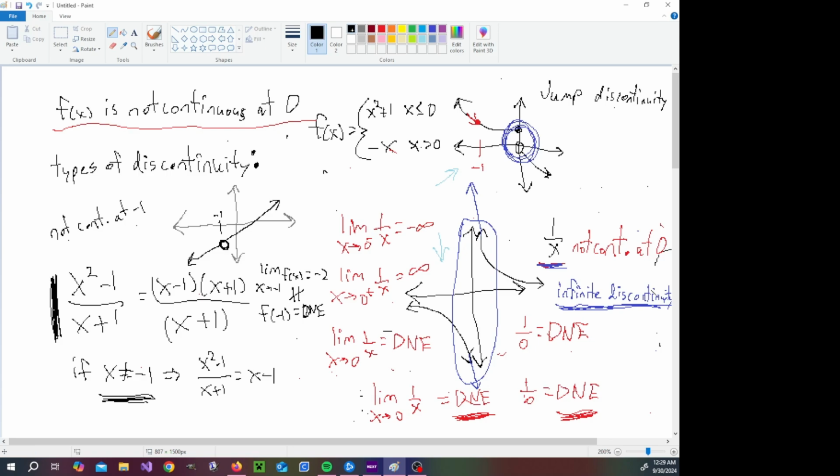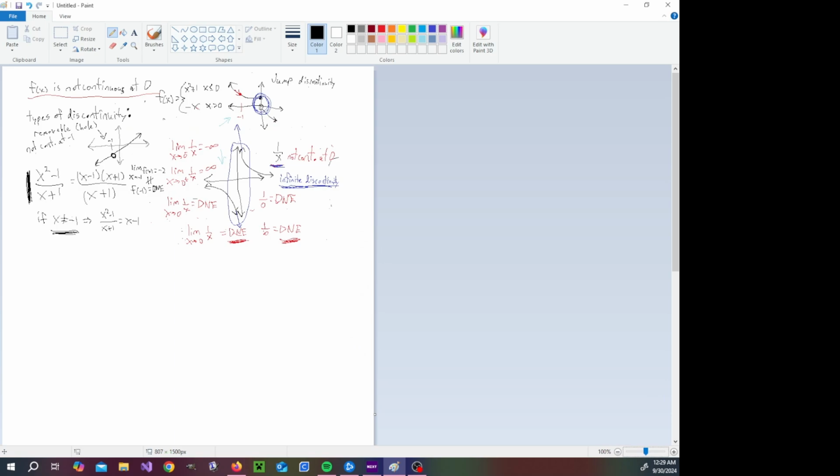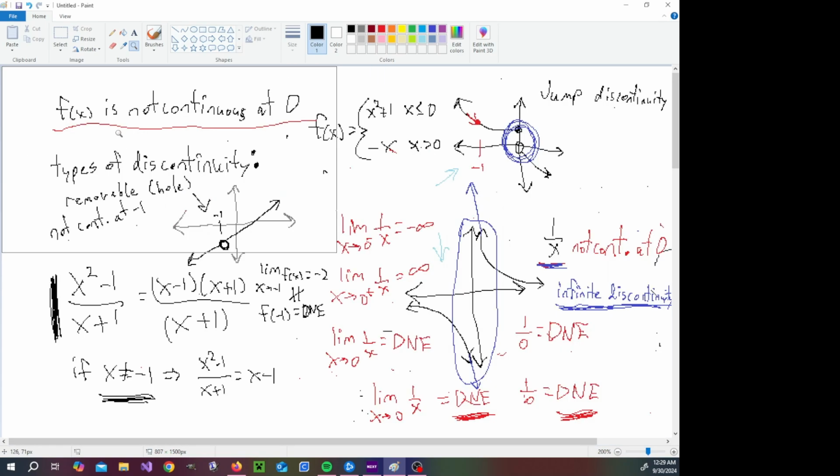And this is what we call a removable discontinuity, and sometimes even called a hole discontinuity, where the function has a hole at that value. That's the most complicated thing going on. It doesn't jump, there's no asymptote, it just can't plug in that value. Otherwise, we look nice and fine.